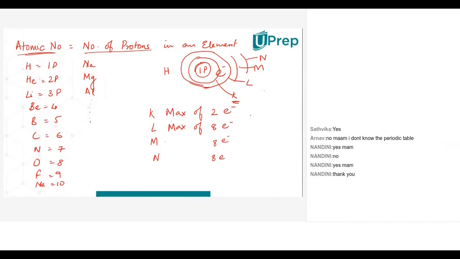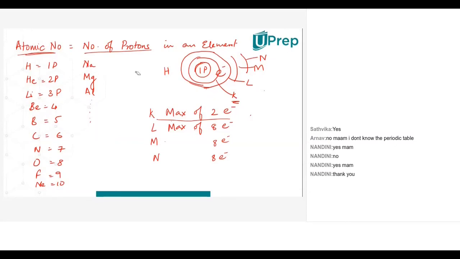So we'll just assume that, except for the first shell, all the other shells can take 8 electrons, and the moment it exceeds 8 electrons, it moves on to the next shell.